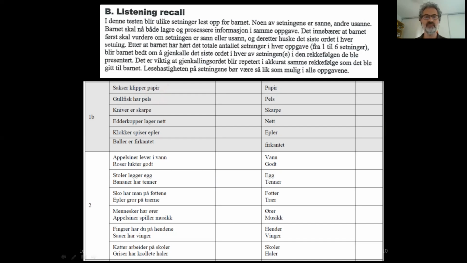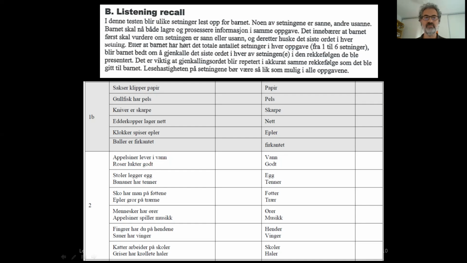And if this is a level that the child can master, then you move on to the next one where you have pairs of sentences. And the difficulty here is greatly increased because the child has to remember the last words until the end. So the examiner first says this sentence, the child says true or false. Then the examiner says this sentence, the child says true or false, and then the child has to recall the last words in the right order.